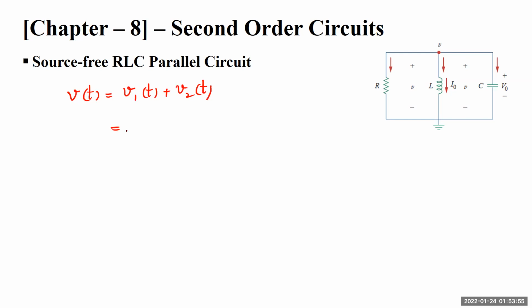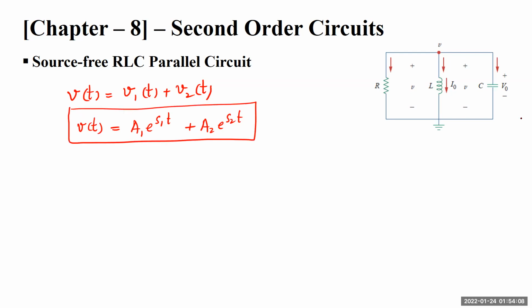So this will be A1 e raised to power S1t plus A2 e raised to power S2t. Remember, we have the initial condition for voltage V naught with us. So V naught was equal to V of 0. We put one initial condition and get one answer, and we also need dV by dt at 0 as well to find out the actual values of A1 and A2.